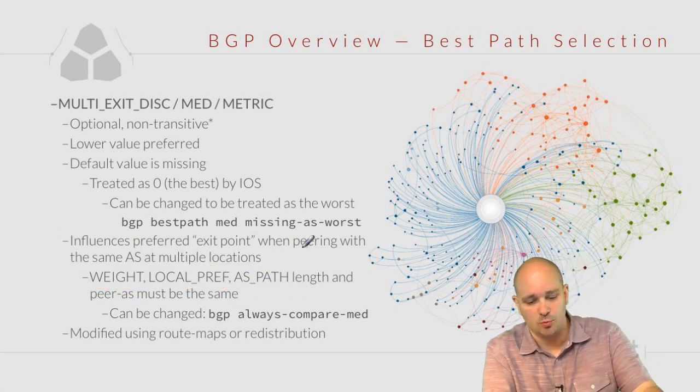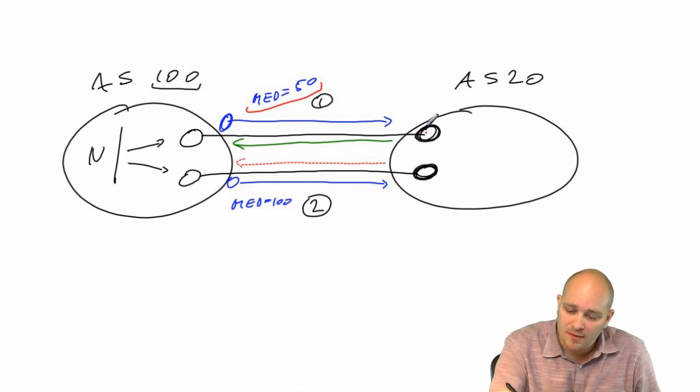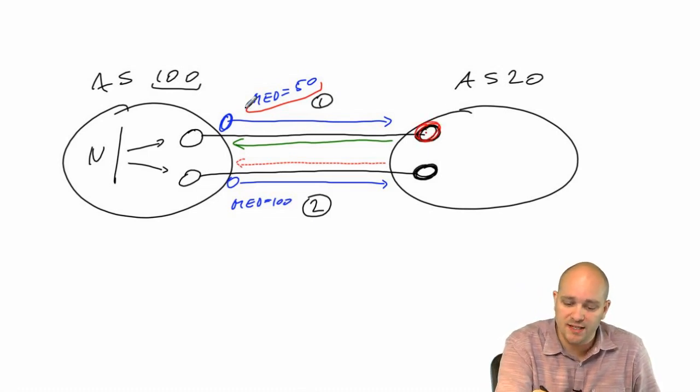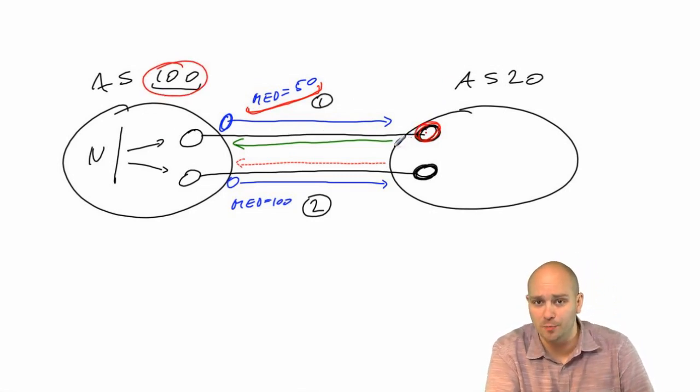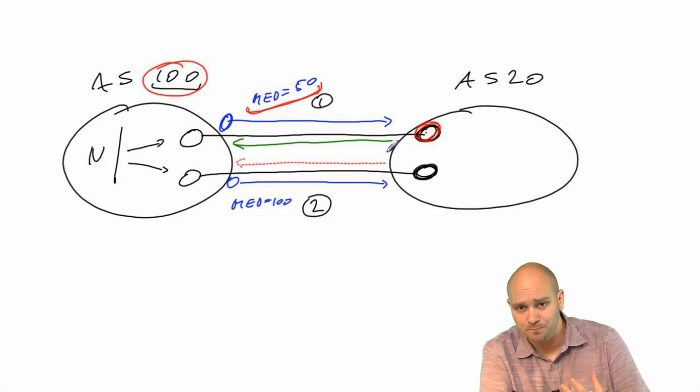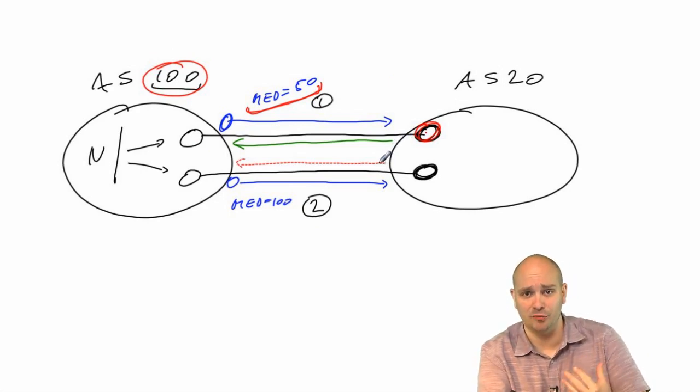By peer AS, what I mean is that all these attributes up until now, including the peer AS 100, must be the same in order for MED to be considered as part of the best path selection process.